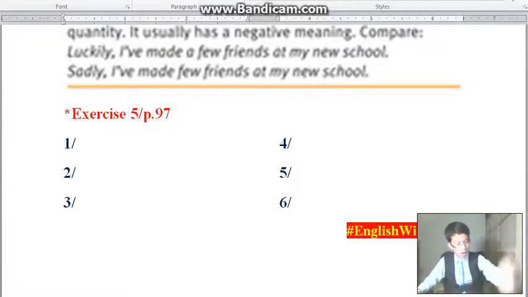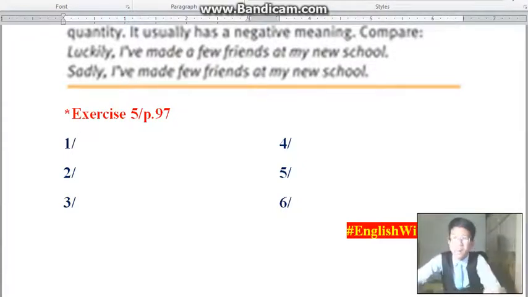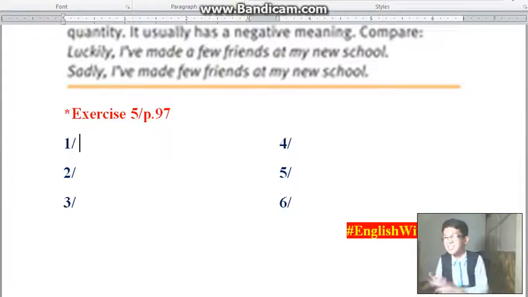Sorry, few for countable and little for uncountable. Alright, little chance. So, chance, we cannot count one chance, two chances. No. Little.